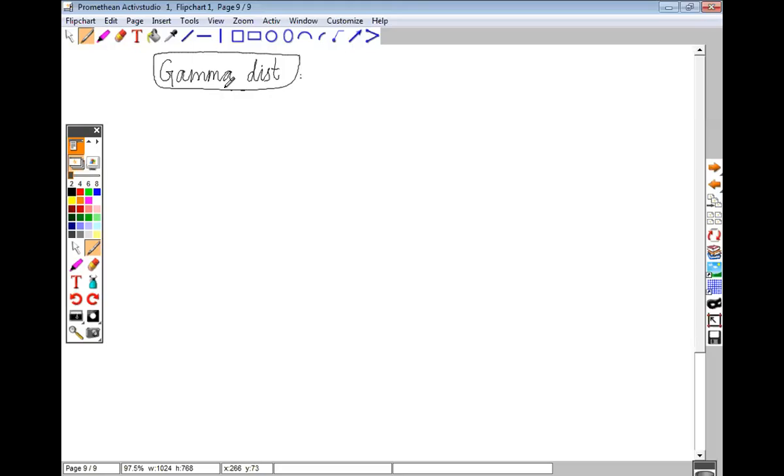But let me just write the PDF for the gamma distribution. Here we have two parameters: one will be lambda and the other will be alpha, and both of them, we assume, are greater than 0. If I take my random variable to be x, I can write the PDF of my gamma distribution as something like this.